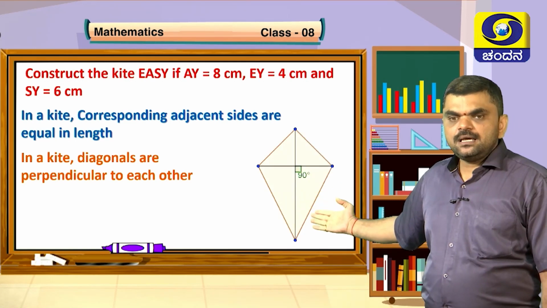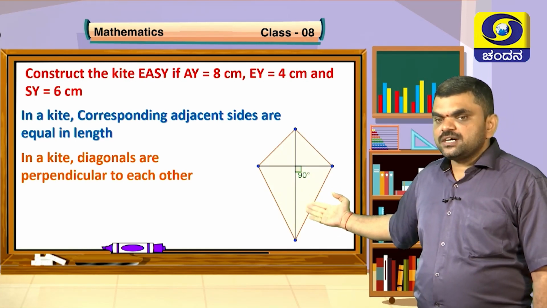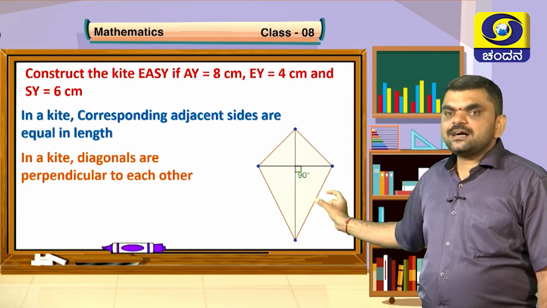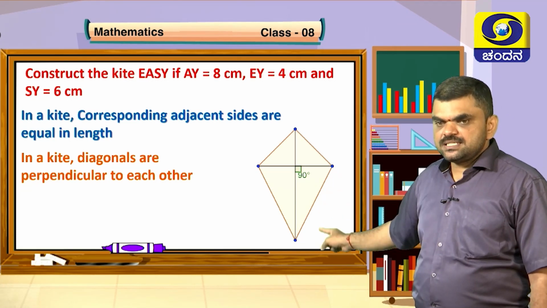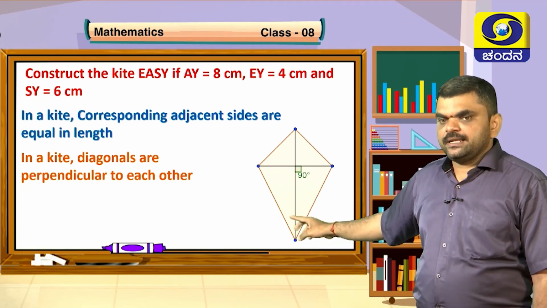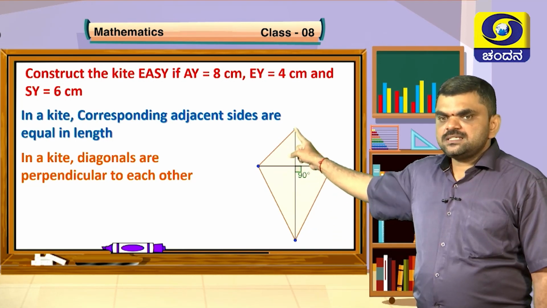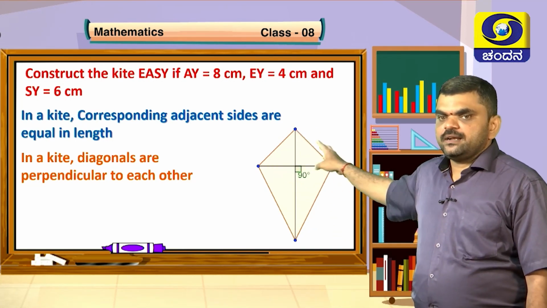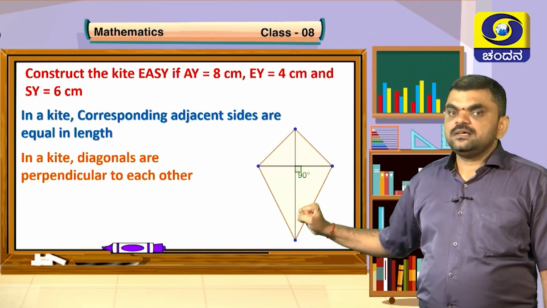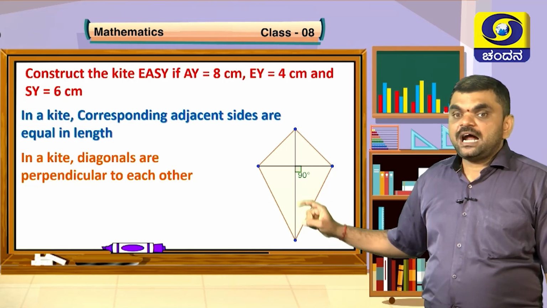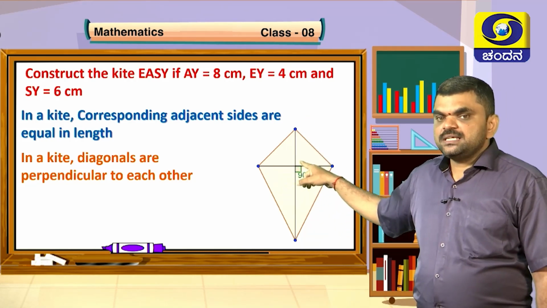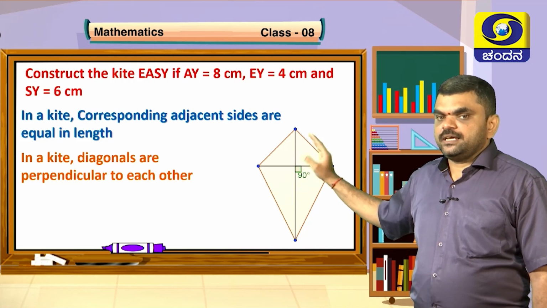Now let us see the kite figure, children. Here the corresponding adjacent sides, this one and this oblique line, these two are equal, whereas this oblique line and this oblique line are always equal here in a kite, children, and diagonals bisect at 90 degree.